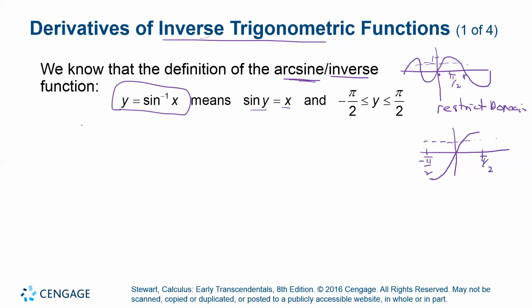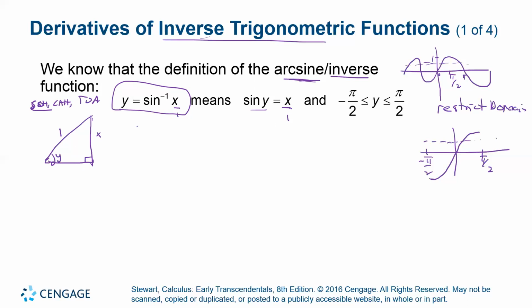So if I'm going to use a right triangle, using the simple word SOHCAHTOA, since we are dealing with sine, for the angle y, the opposite is x, and this is over 1. So that means the hypotenuse is 1.